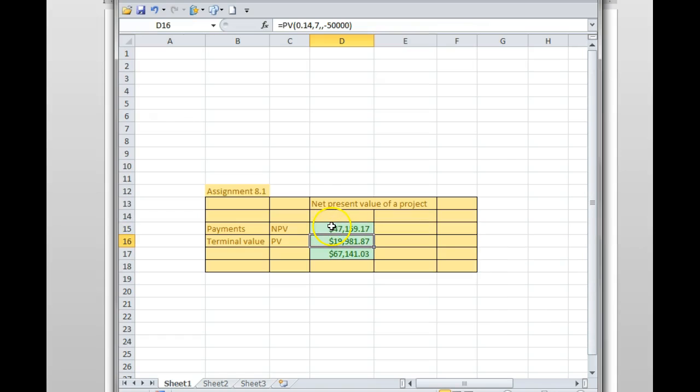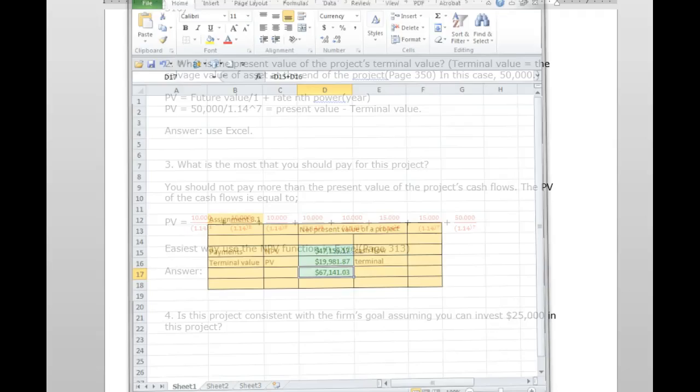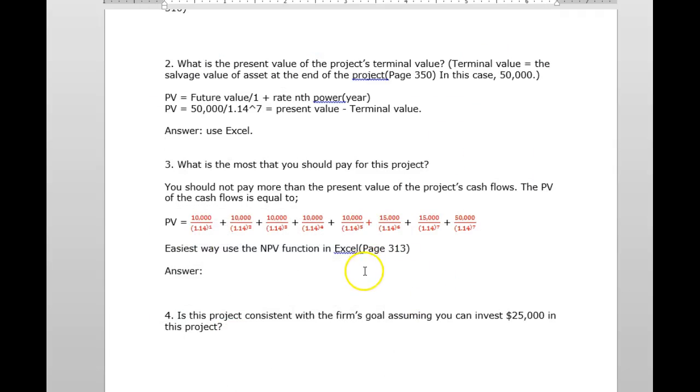Now, here is the net present value of my cash flow payments, and this is my terminal value. So I just add those two together, and I have the proceeds of this project. So keep that number in mind, and I want you to do that on the spreadsheet.